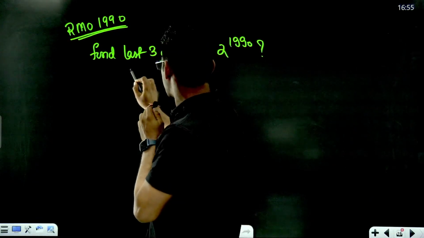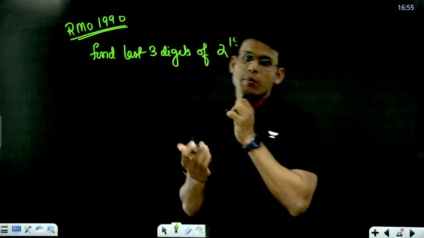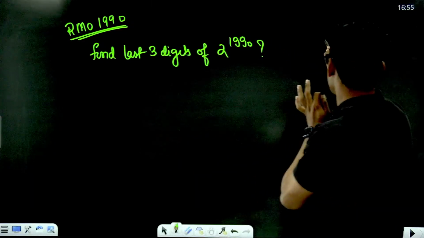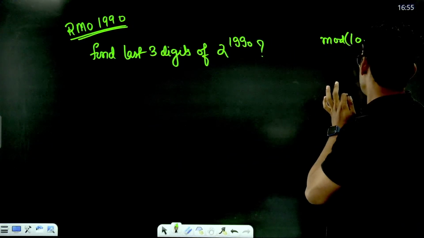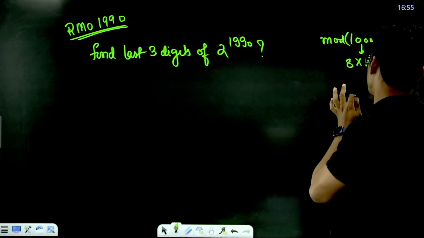Basically, the last three digits are the remainder mod 1000. If you see, 1000 is 8 times 125.